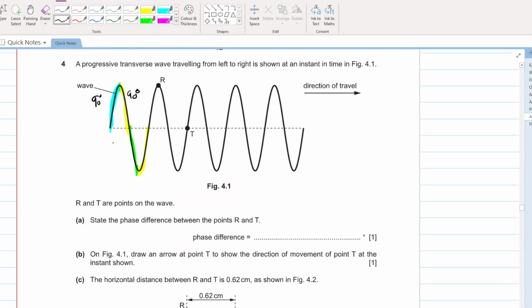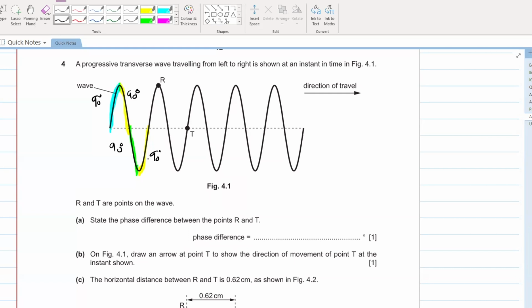If one complete wave represents a phase difference of 360 degree, अगर आप उस वेव को चार क्वार्टर्स में डिवाइड करो, the phase difference for each quarter will be 90 degree.